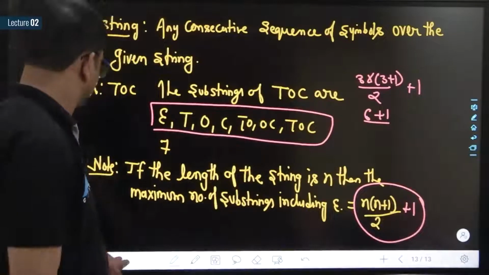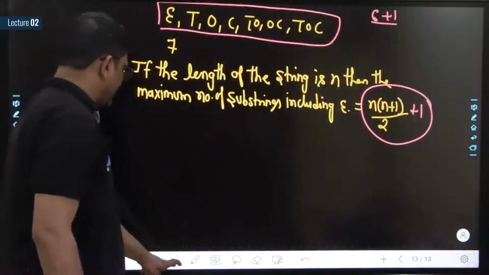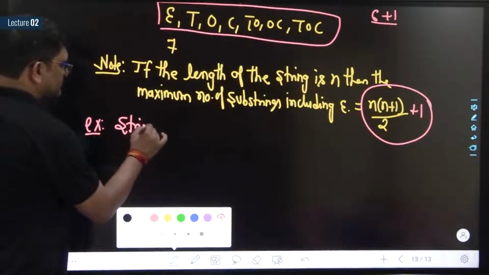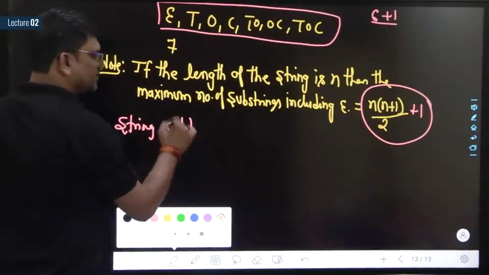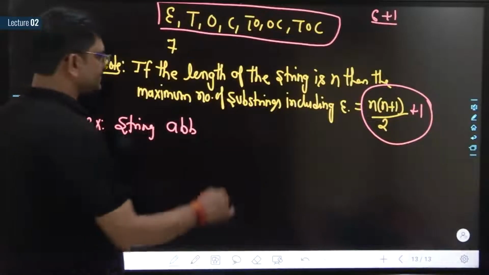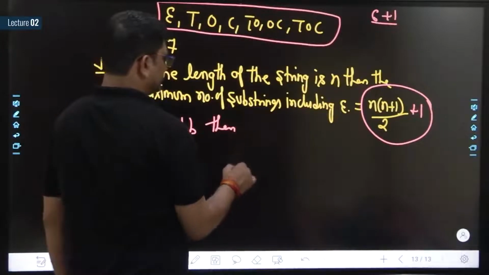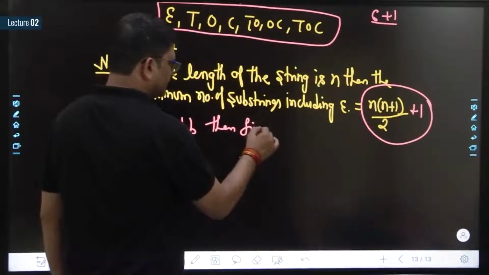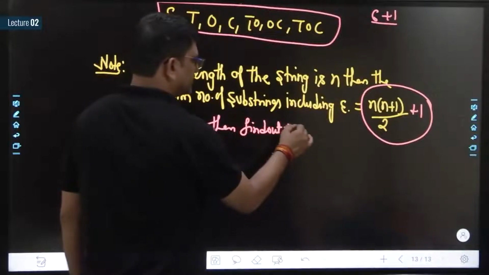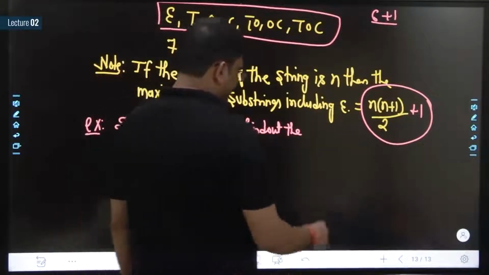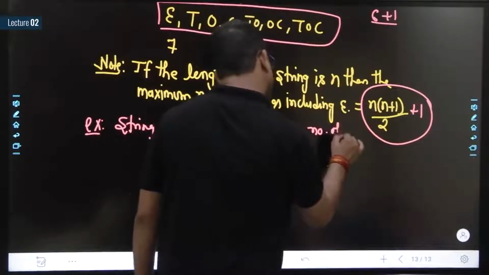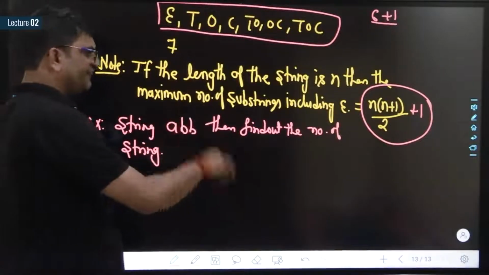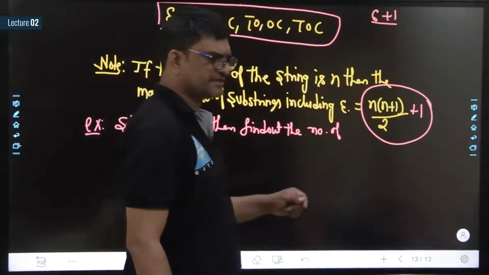For example, if the string is ABB, find the number of substrings.